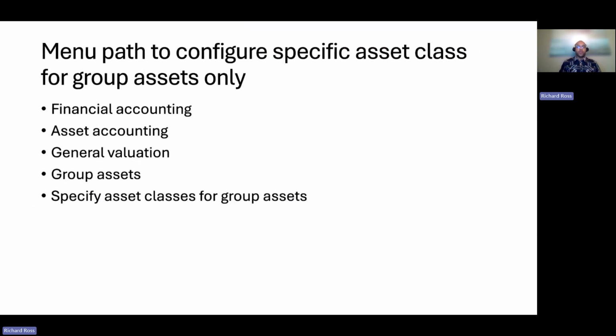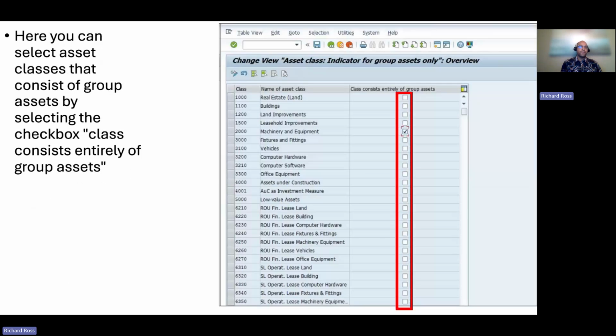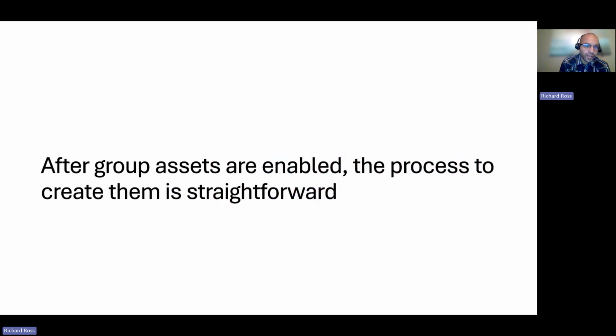Menu path to configure specific asset class for group assets only if needed: Financial accounting, asset accounting, general valuation, group assets, specify asset classes for group assets. Here, you can select asset classes that consist of group assets only by selecting the checkbox. Class consists entirely of group assets. See this checkbox? Just check that guy if needed.